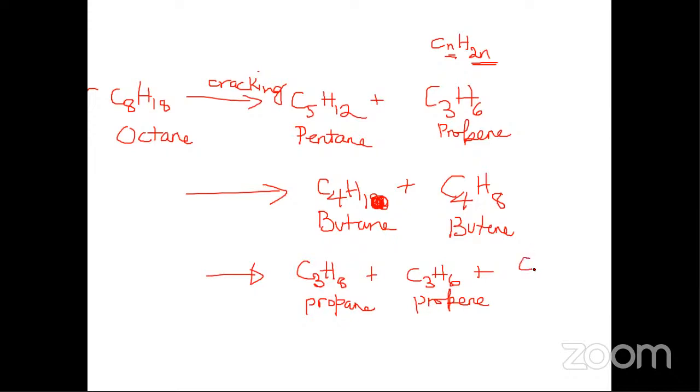Very good. Excellent. All right, so you get the picture. So octane here can be broken down into all of these products. And again, it's very random. All right. Any questions so far? Everybody still with me?